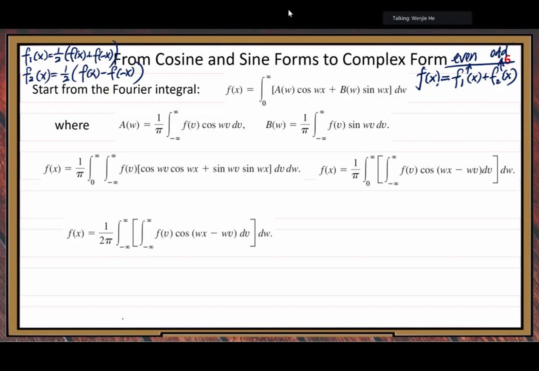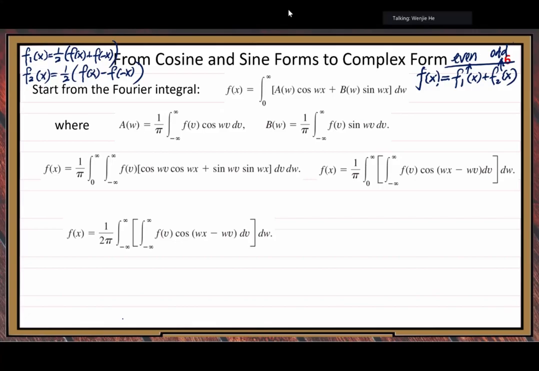V is gone, because it is a dummy variable. After you take the integral, v is gone. So you only have two symbols, w and x, but x we treat as a parameter. We fix x. X is a parameter, so only w is the variable.